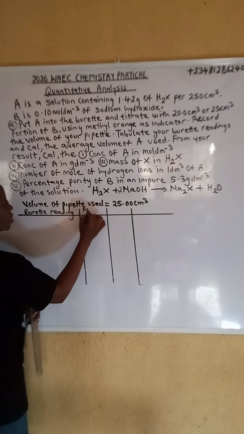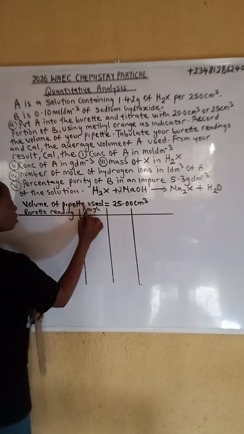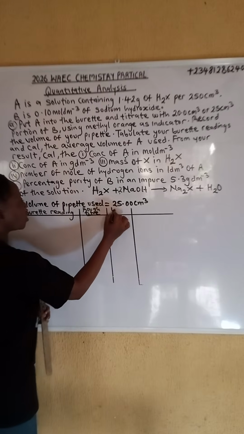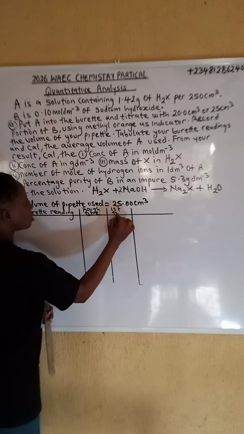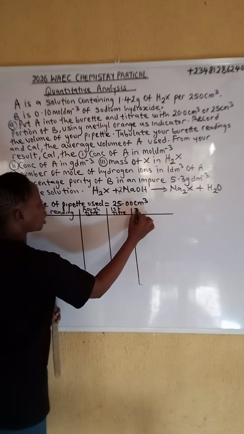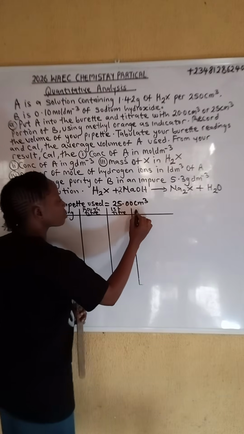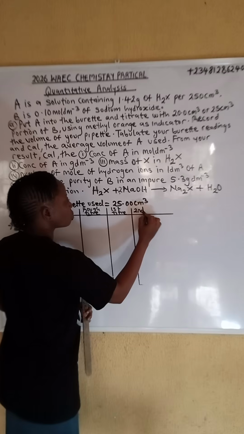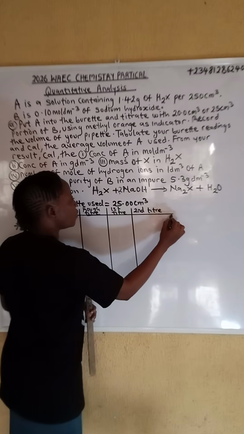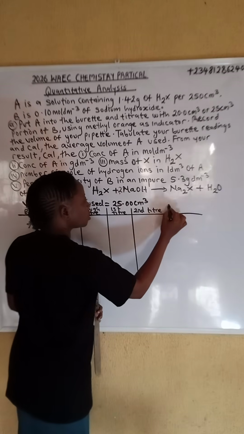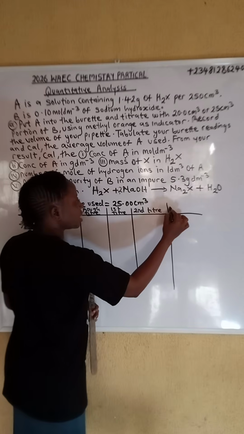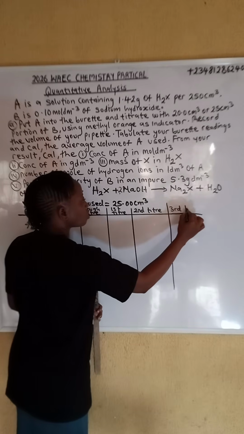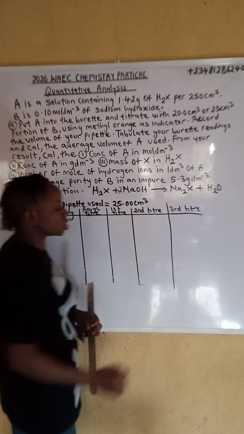Then you have your rough titre, the first titre, the second titre, then followed by the third titre.